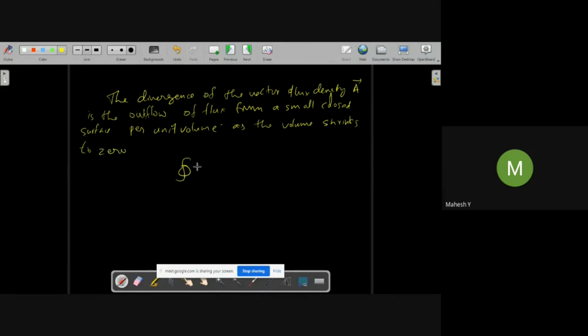That is A dot dS divided by Δv, limit Δv tends to 0.